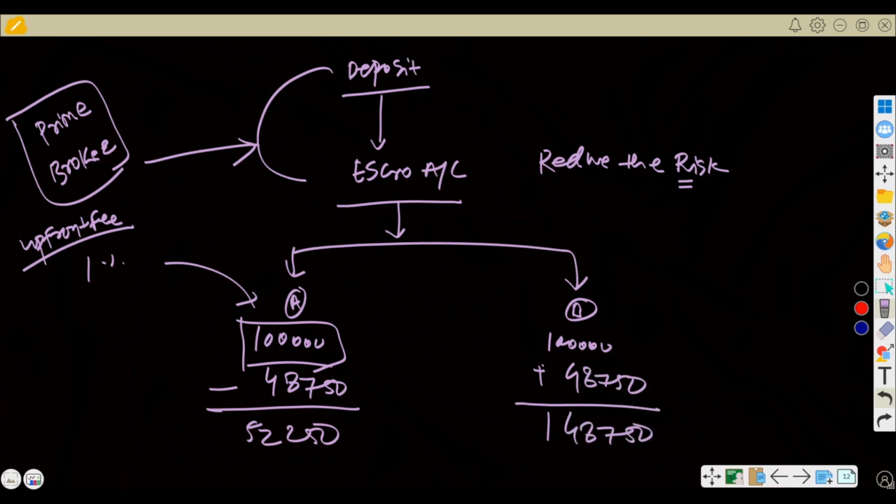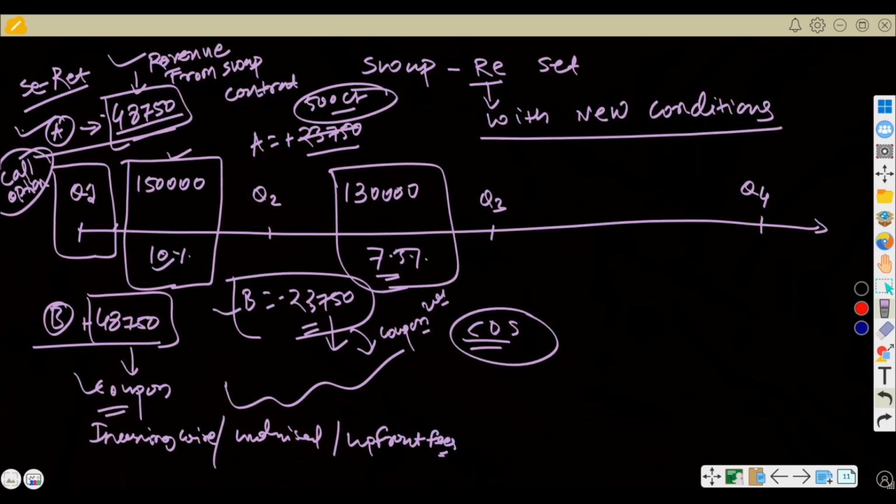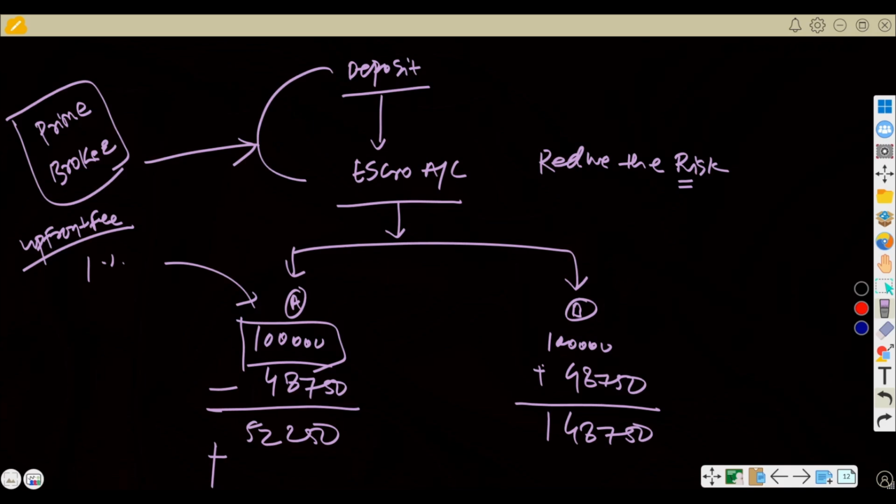When in the second quarter, now A is in profit, which is 23750. And it will be minus from here. So this is how your cash flows.